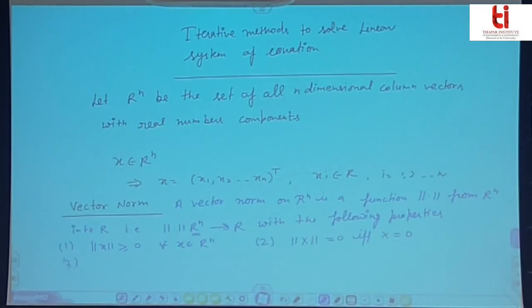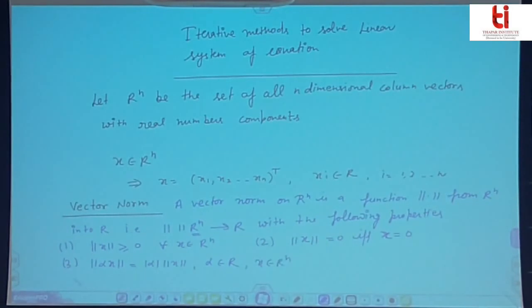And third is norm of alpha x equal to mod of alpha times norm of x, where alpha belongs to the real numbers and x belongs to Rn.